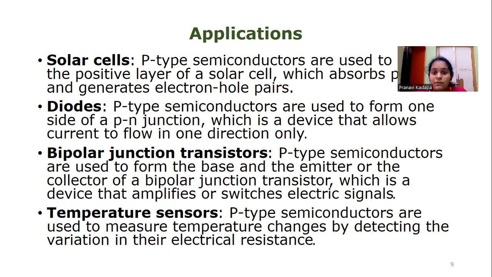In diodes, P-type semiconductors form one side of the PN junction, a device that allows current to flow in one direction only. In a BJT, P-type semiconductors form the base, or the emitter and collector, of the bipolar junction transistor, which helps in amplifying or switching electrical signals. Temperature sensors use P-type semiconductors to measure temperature changes by detecting the variation in electrical resistance.